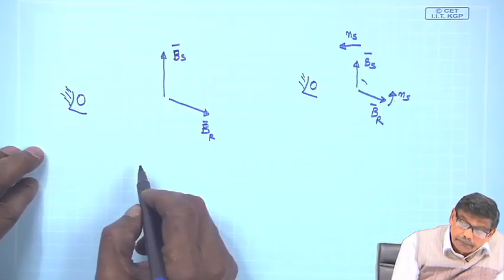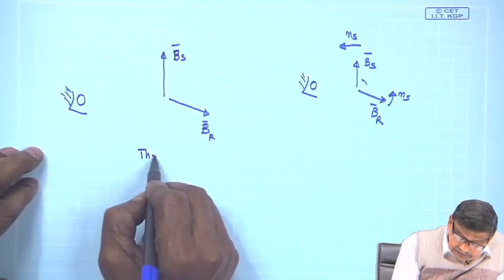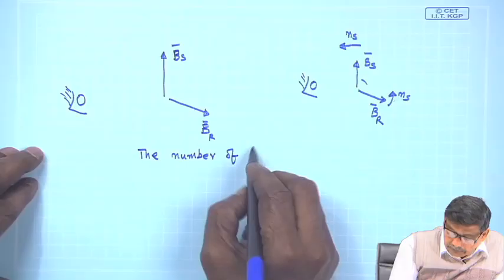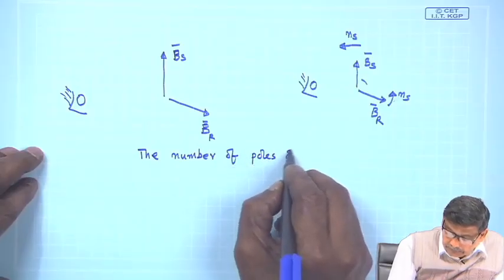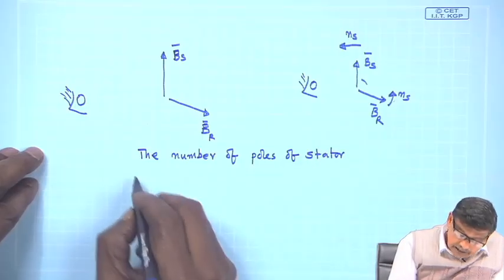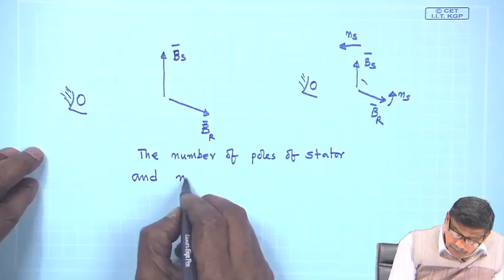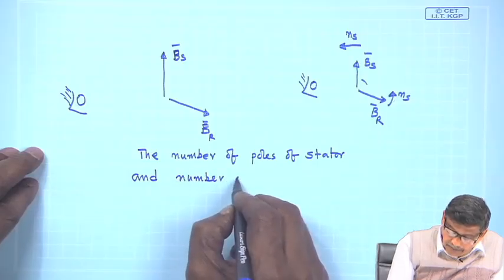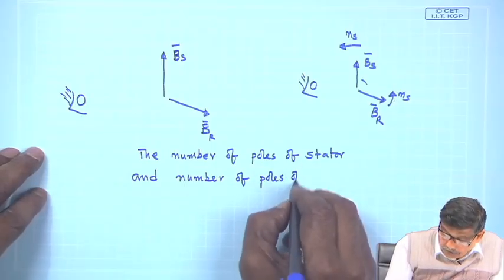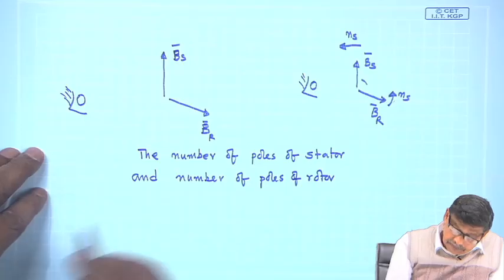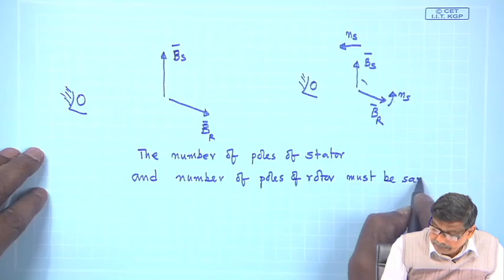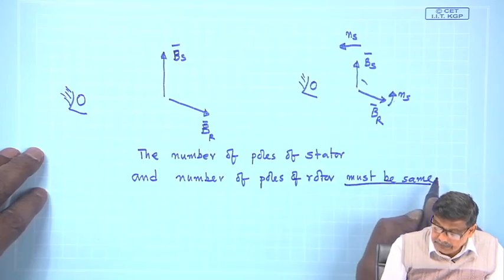The second important point is the number of poles of stator and the number of poles created by rotor when it carries current, the number of poles of rotor, must be the same. This is a must.